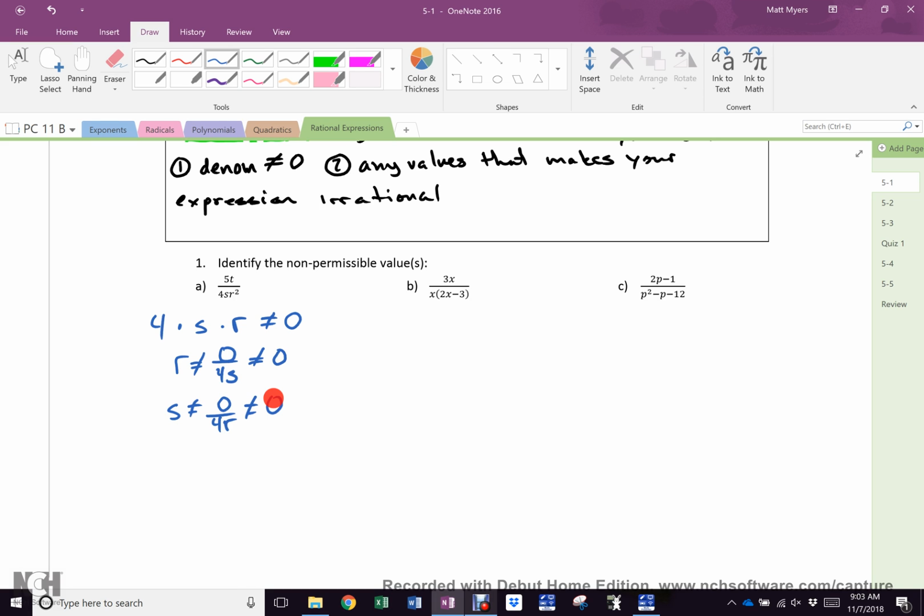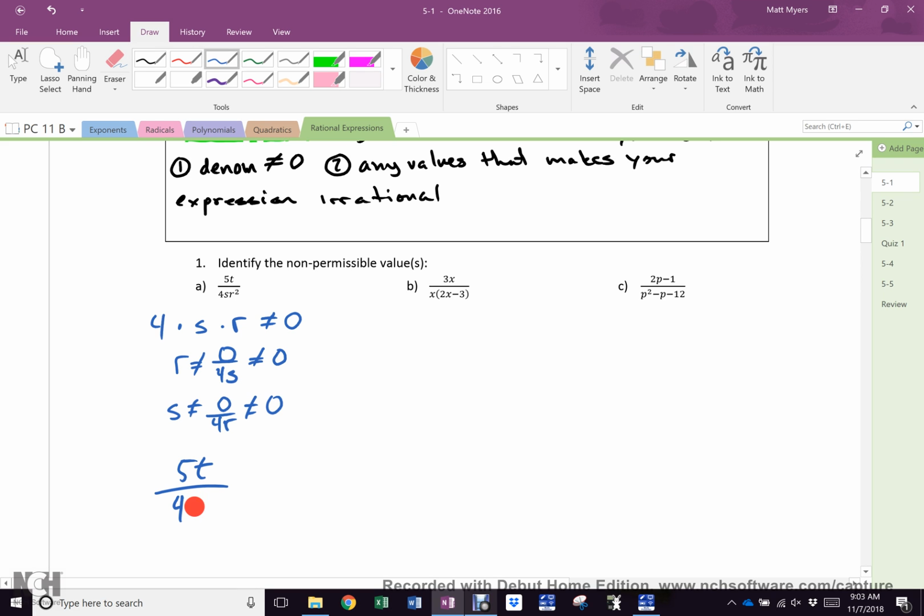So we're okay there. What if T equaled S? Would that be okay? Then I would have 5t over 4t, because t and s were the same, r squared. Is that okay? I can't do t divided by t? It's 1, so that's okay too, right?